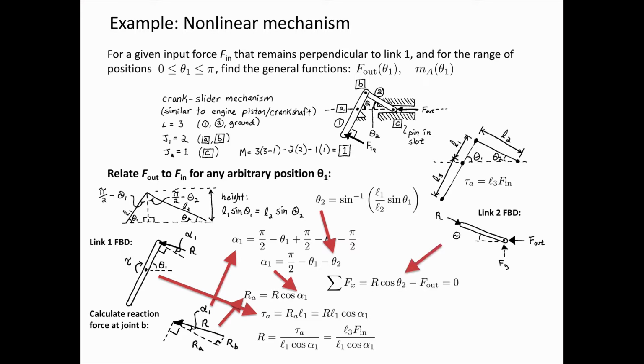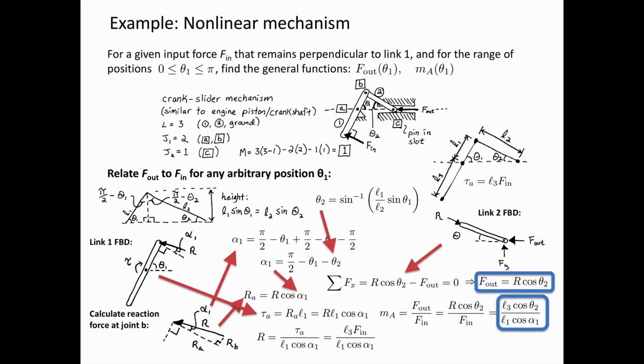With that, summing all of the forces in the horizontal direction, we can define an equilibrium equation and then solve for the output force as a function of the reaction force R, which we know how to calculate, and theta 2, which we also know how to calculate as a function of theta 1.